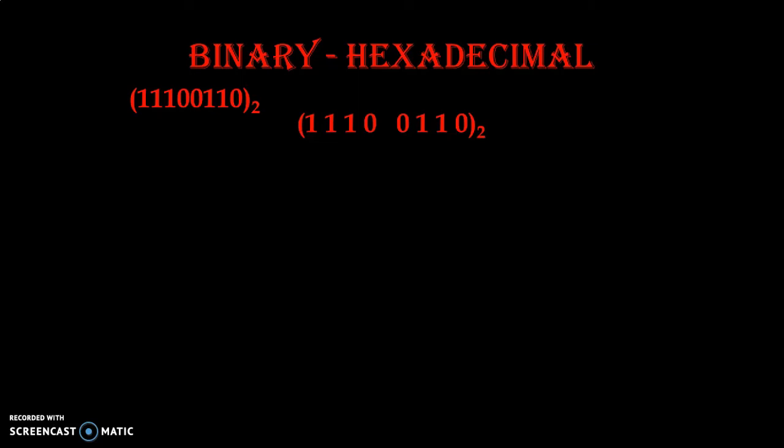I am repeating again and again because it is very important: in case of binary to hexadecimal, it is compulsory to prepare groups of 4 binary bits. So we have one group, 0110, and another group, 1110.